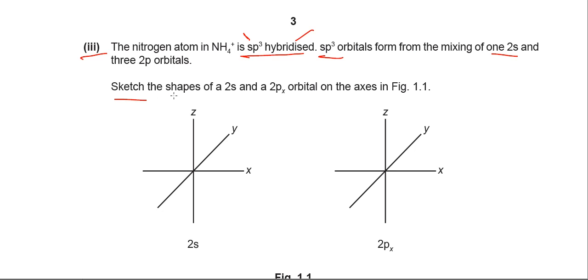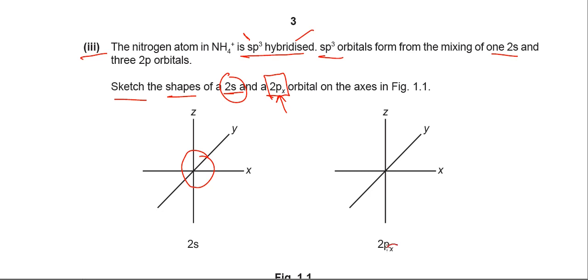Then sketch the shapes of 2s and 2px. Remember, the examiner clearly mentioned the orientation, x. So you have to keep it in mind. Now we know that the shape of the s orbital is spherical, so you have to draw a sphere, like this. Next, p. You can see three orientations, three axes: x, y, and z.